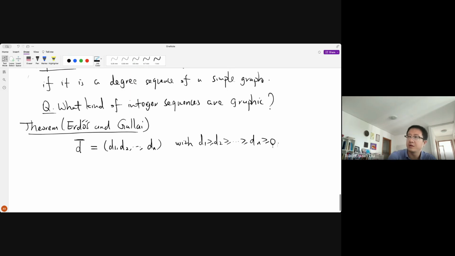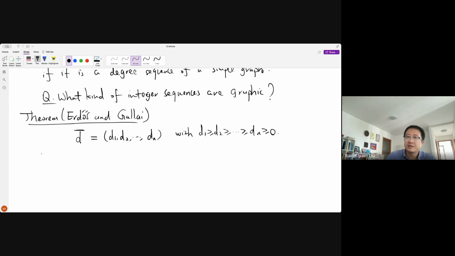Zero could be allowed, okay, but decreasing. It is graphic if and only if two conditions. First of all, the sum is even. So we have seen this. We have to satisfy this, okay? The sum is even.